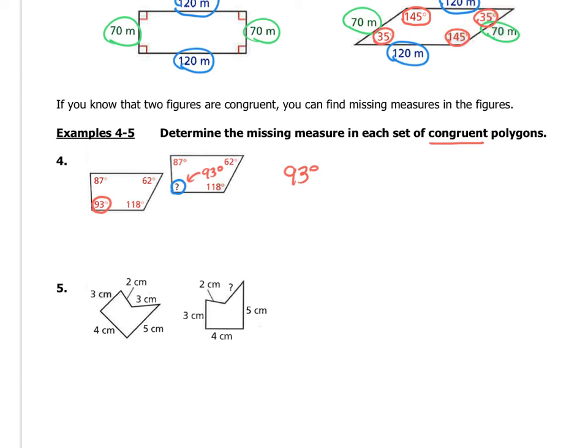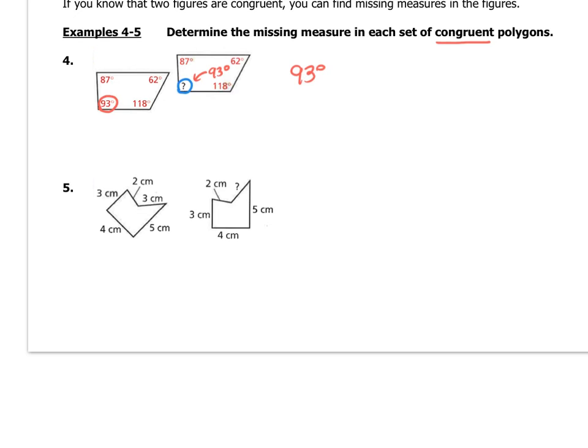Okay, and number 5, I'm going to do the same thing. This time I need to find a missing side here. And to do that, I'm going to redraw my figure on the left to look like the figure on the right. Okay, these are both pentagons since they're 5-sided. So I redraw the figure on the left, and now it looks like this.